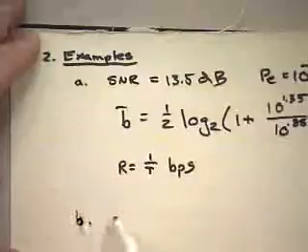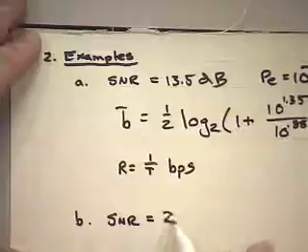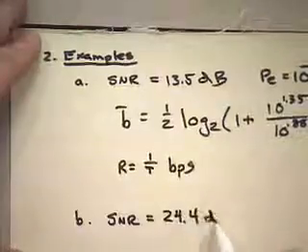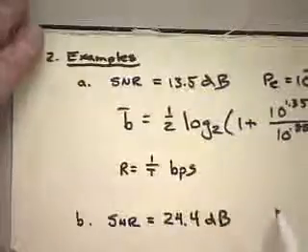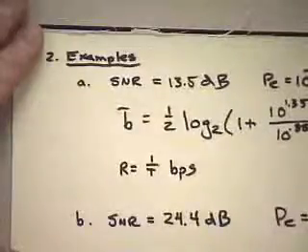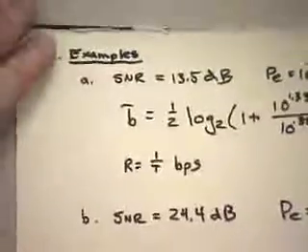Suppose instead somebody comes along and they've measured the channel for the system. It looks like we're getting 24.4 dB of signal-to-noise ratio, a little better looking channel. And we want a lower probability of error, 10 to the minus 7th.